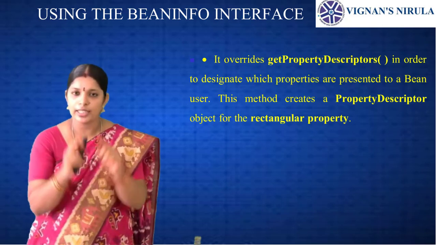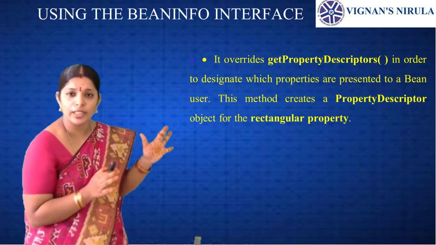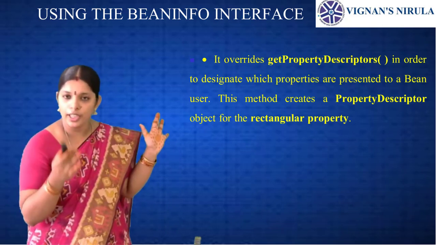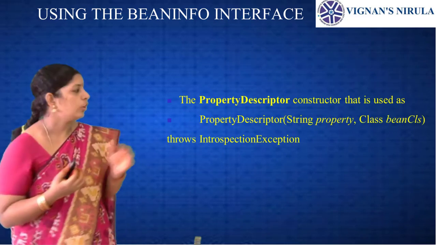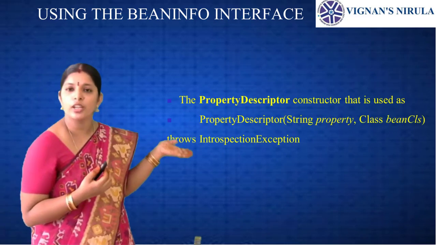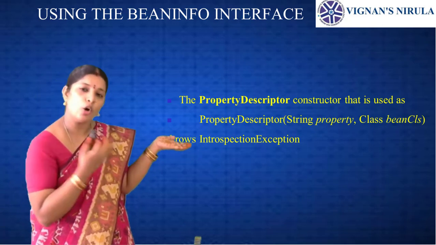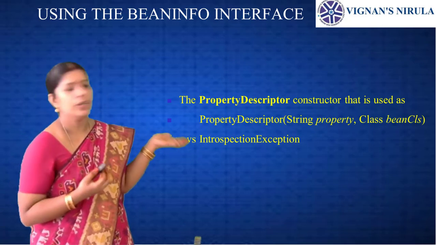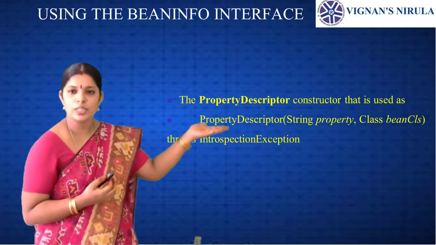The shape of the color is in the rectangle property. By using the property descriptor, we can create the object for the rectangular property. This is the syntax for using the property descriptor while we are changing the oval shape to the rectangle shape: PropertyDescriptor, string property, class bean.